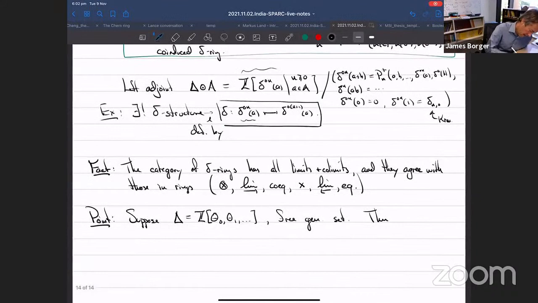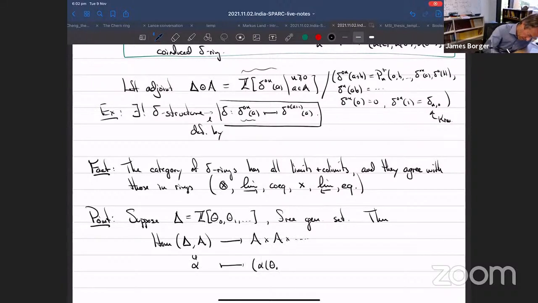So then homomorphisms from delta to A are once again going to be in bijection with infinite vectors. So we'll send an alpha to the value of that homomorphism at those generators. Like this, and this is again a bijection.